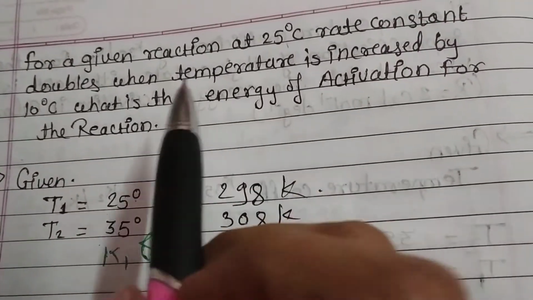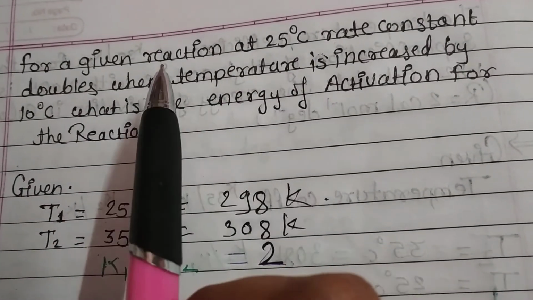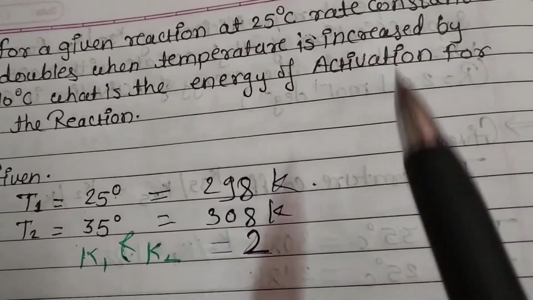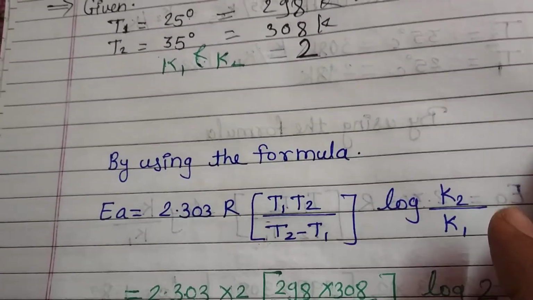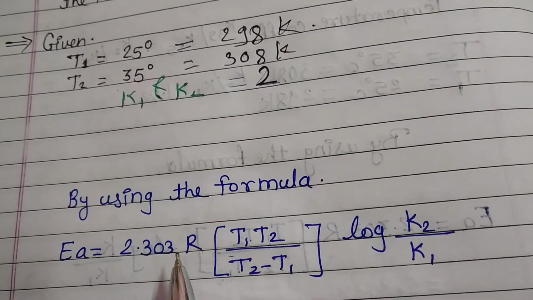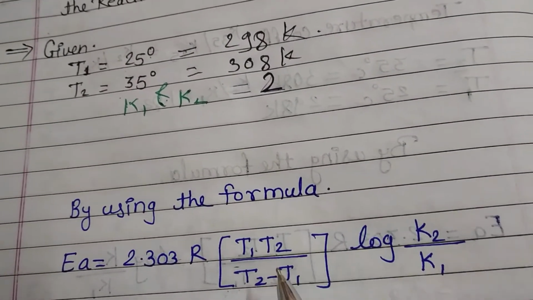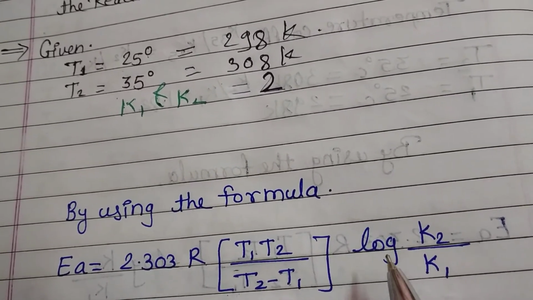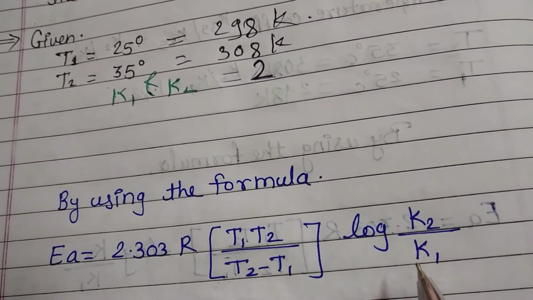So the important part is that we have to identify the temperatures and the rate constant value, and then simply put these values in our formula, Ea = 2.303 × R [T1 × T2 / (T2 − T1)] × log(K2/K1).